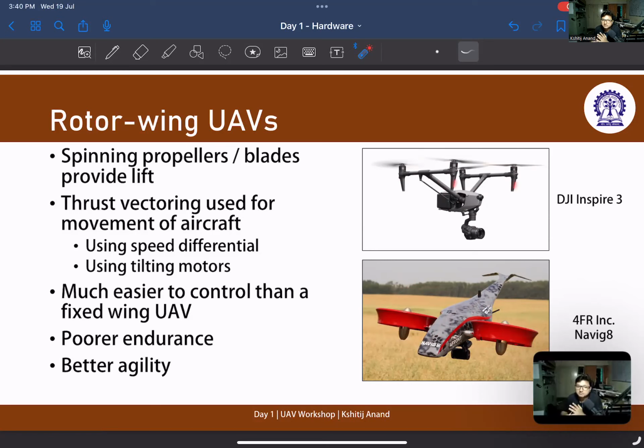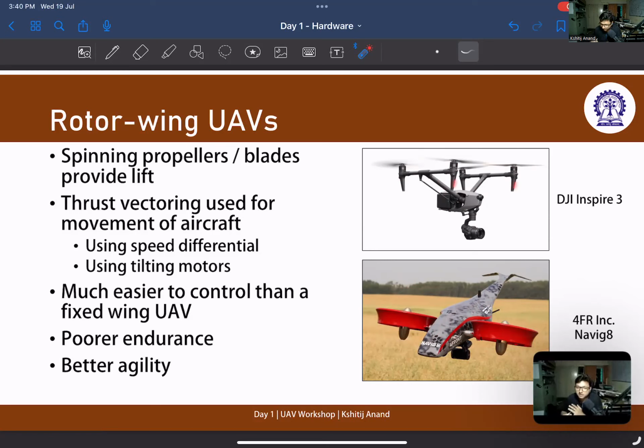As you can understand, it's much easier to control rotor wing UAVs in comparison to fixed wing UAVs. This is because fixed wing UAVs have a lot of control surfaces. We are going to talk about control surfaces in a short while, when we start discussing how to make a fixed wing RC UAV.